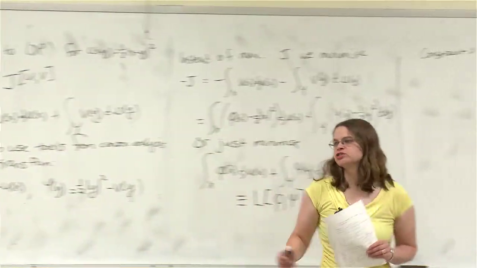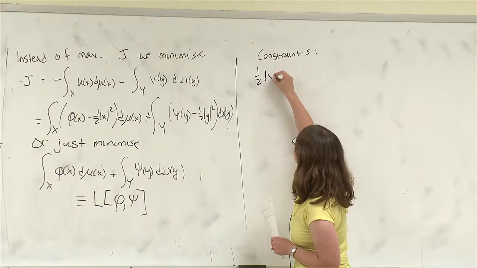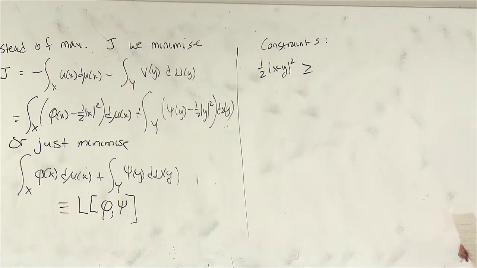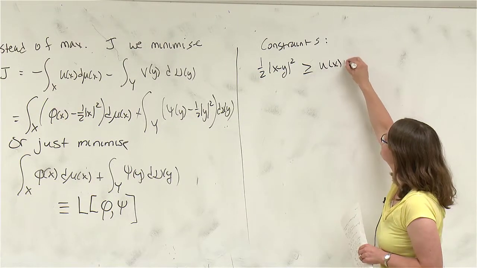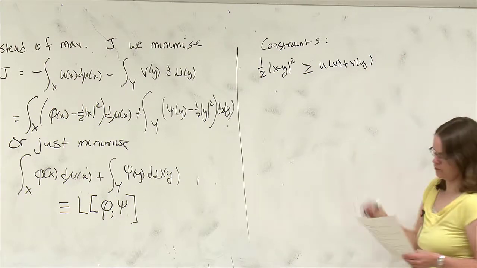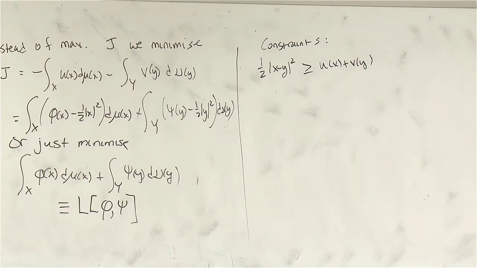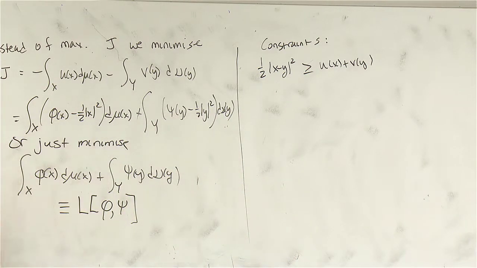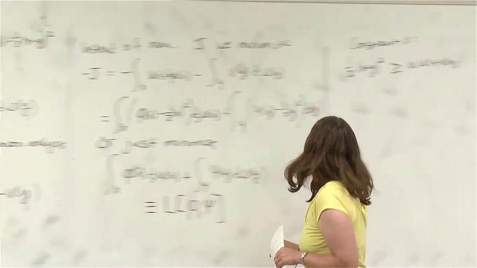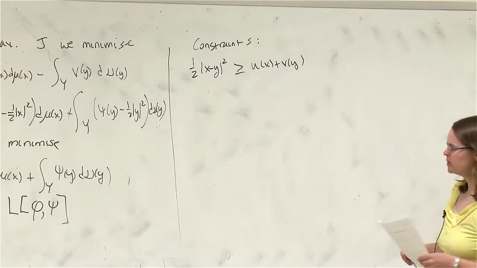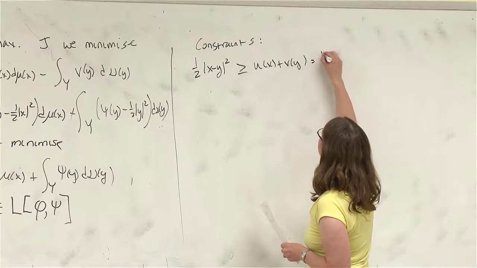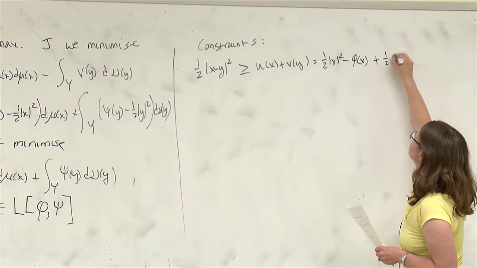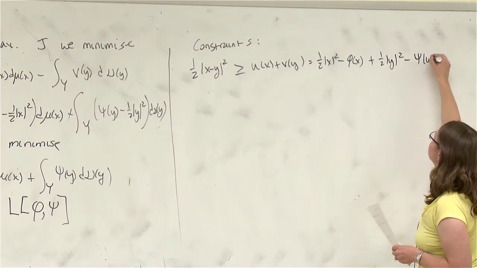So here my cost function is quadratic, half x minus y squared. And that provides an upper bound on u plus v. Okay, and now we say, well, we don't want to work with u and v anymore. We want to work with these guys. So u is going to be equal to half x squared minus phi, and v is half y squared minus psi.